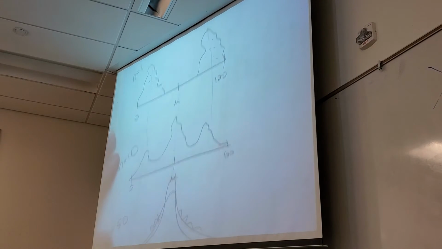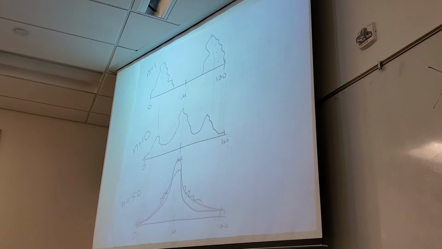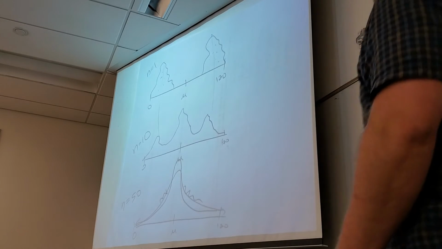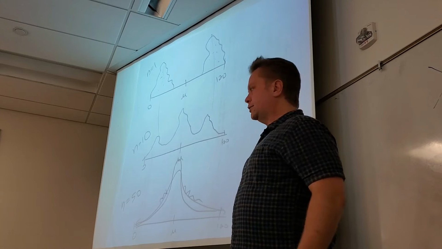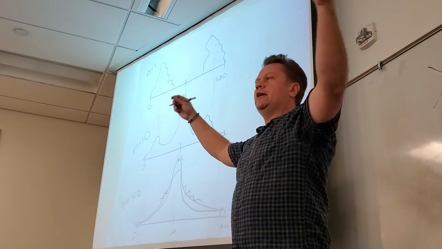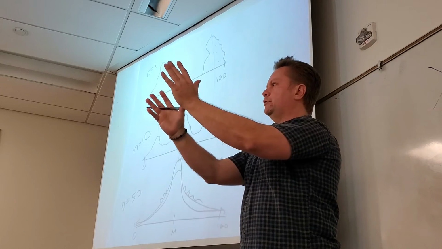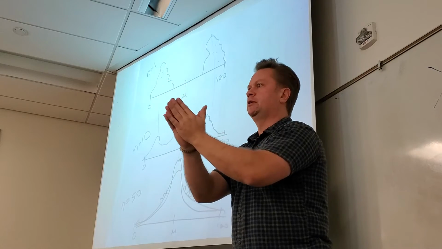So, help me out. Which one of those three pictures has the largest standard deviation? First one. Which one has the smallest standard deviation? The last one. As you take larger and larger samples, it gets harder for a sample to be very different from the actual average.